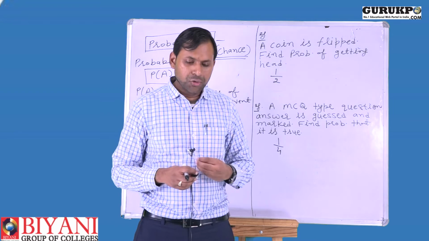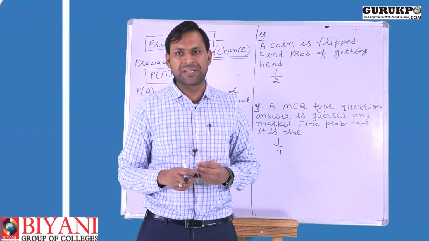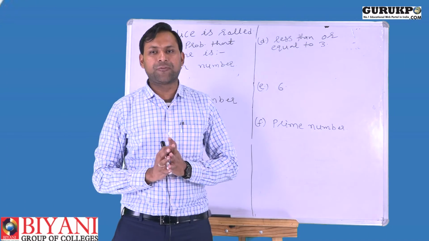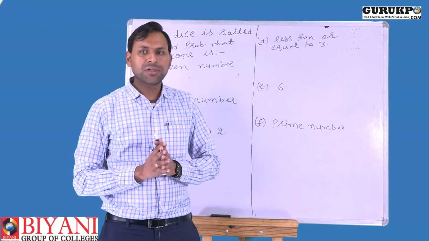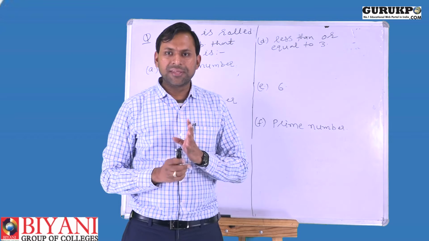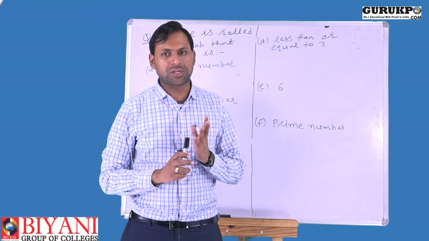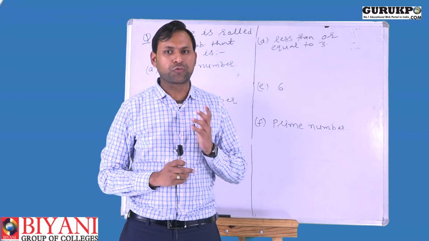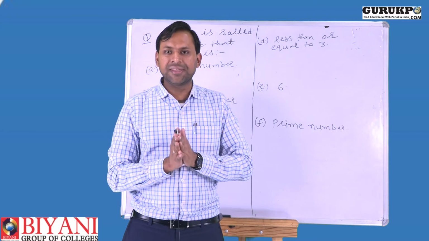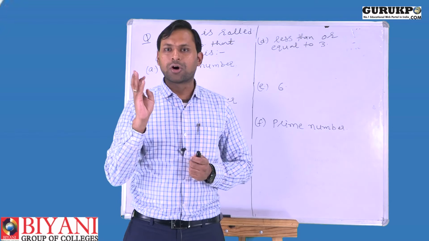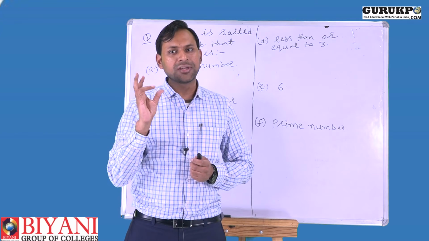We are using some more examples to explain this. Our next example of probability is dice. We are all aware of dice. We know that a dice has 6 outcomes: 1, 2, 3, 4, 5 and 6. So when we roll a dice, we will get any one of them, either 1 or 2 or 3 or 4 or 5 or 6.